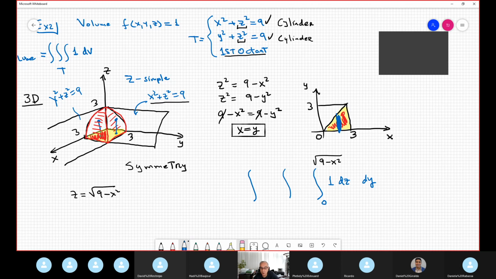Dy goes from 0 to the y value of this case x. Look, this curve, the y equal x. I discovered that the intersection between those cylinders is a line. And finally, when you extend it in this direction, is from 0 to 3. O sea, dx goes from 0 to 3.